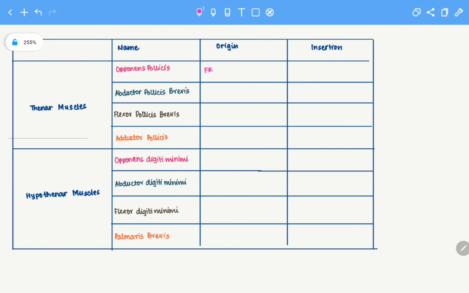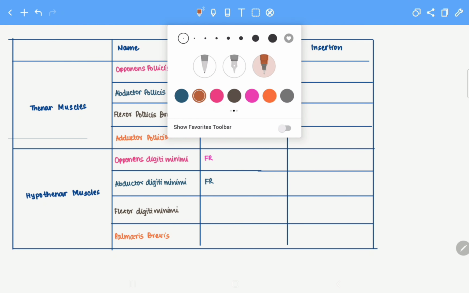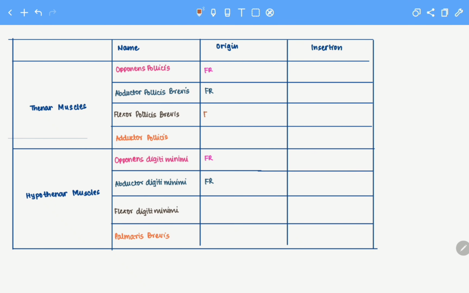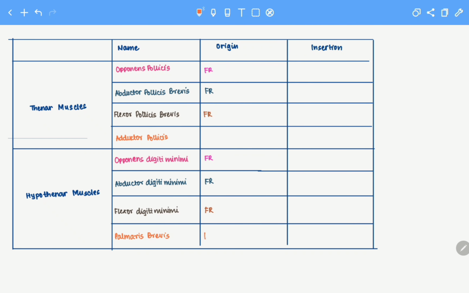Flexor retinaculum, flexor retinaculum, flexor retinaculum, flexor retinaculum. Alright.